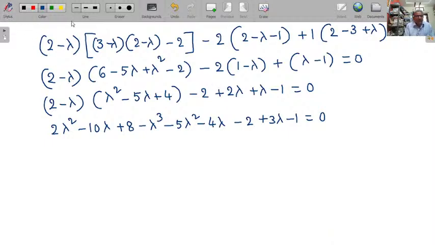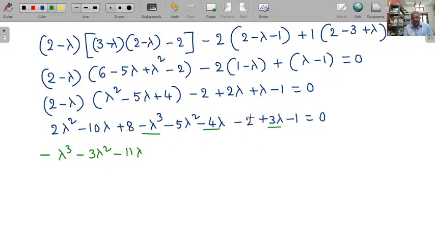Simplification part. First let us write actually this value, minus lambda cube. See, 2 lambda square and minus 5 lambda square, that will be minus 3 lambda square. So minus 4 lambda plus 3 lambda, minus lambda and minus 11 lambda, that becomes minus 11 lambda.